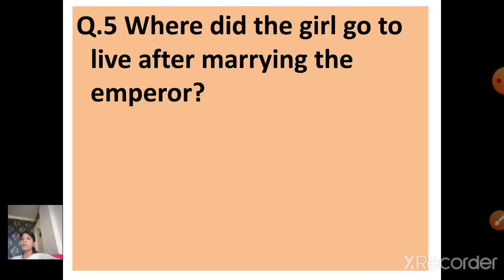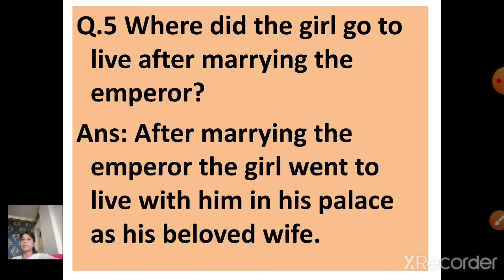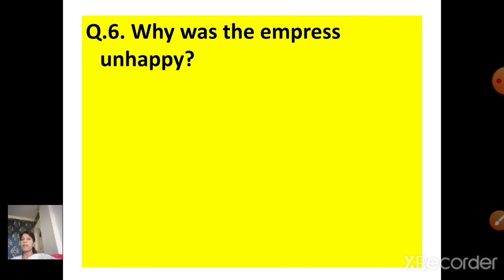Where did the girl go to live after marrying the emperor? Yes, after marrying the emperor, the girl went to live with him in his palace as his beloved wife. Why was the empress unhappy?